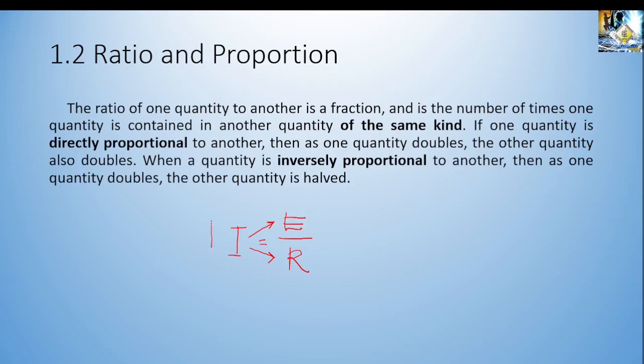If your current increases, it means your voltage increases, because they are directly proportional, right? So we can say that current I is directly proportional to the voltage and inversely proportional to your resistance.